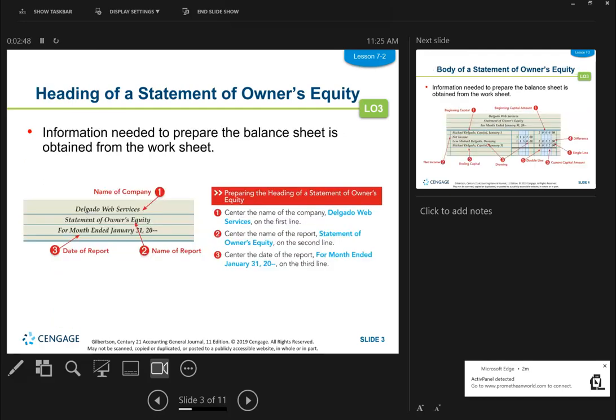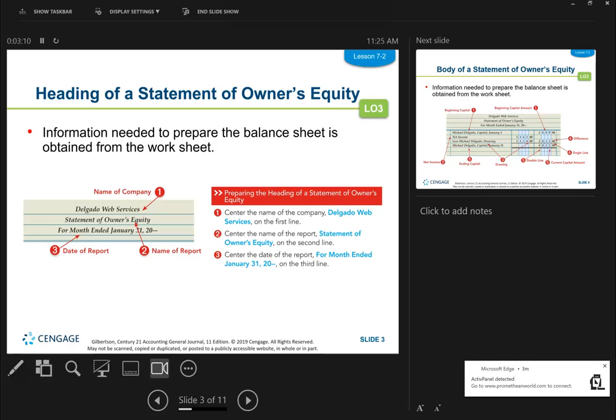So to prepare this statement, we get all the information we need from the worksheet. We start by titling the form with the name of the company. We call this a statement of owner's equity, the name of this particular report.